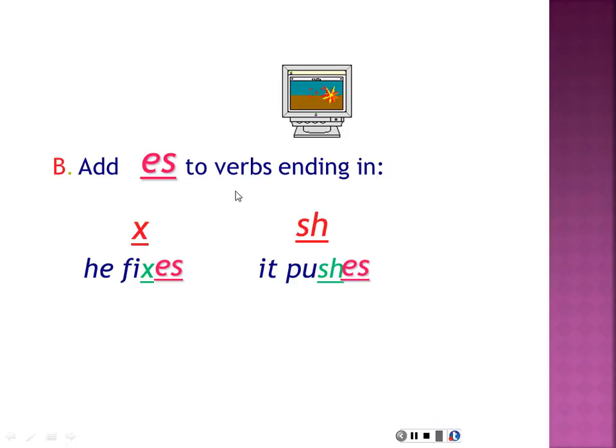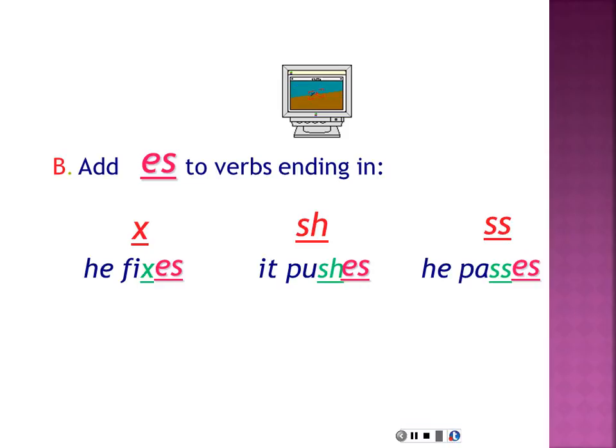Number two, when the last two letters are sh, or the last sound of the word is sh. So it becomes it pushes. So we add es to this word. The next example, when we have double s, like pass.